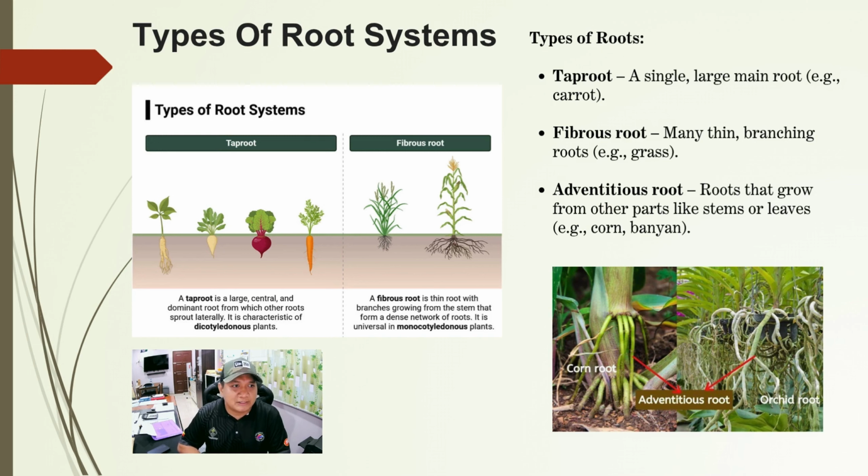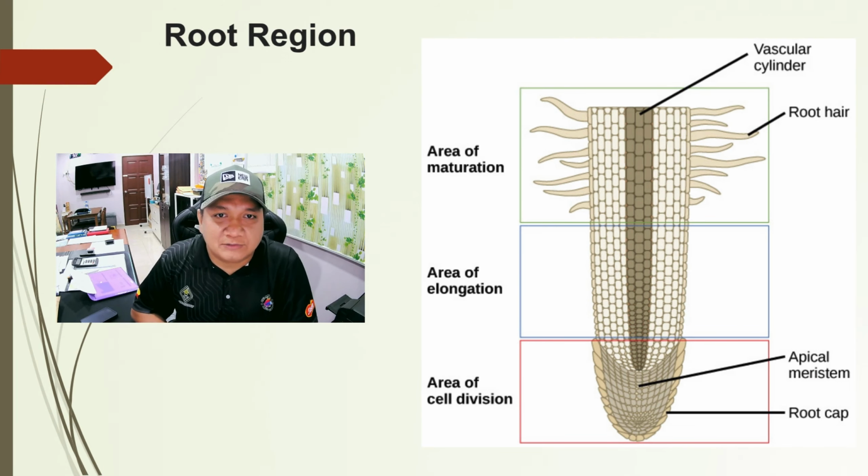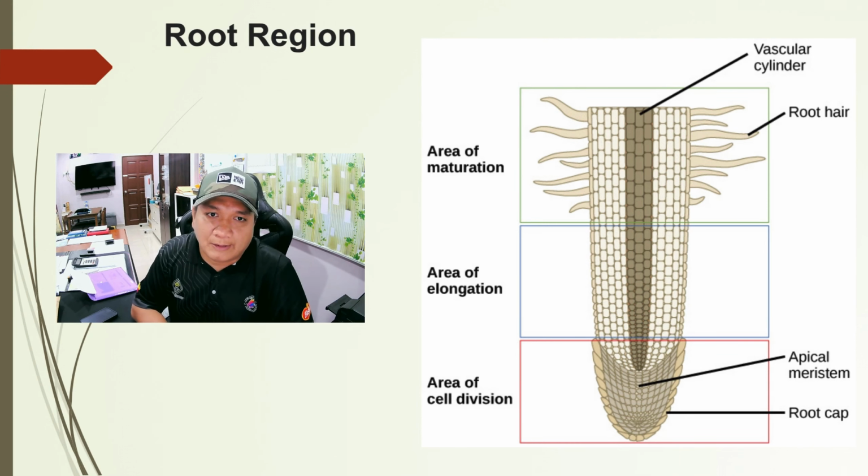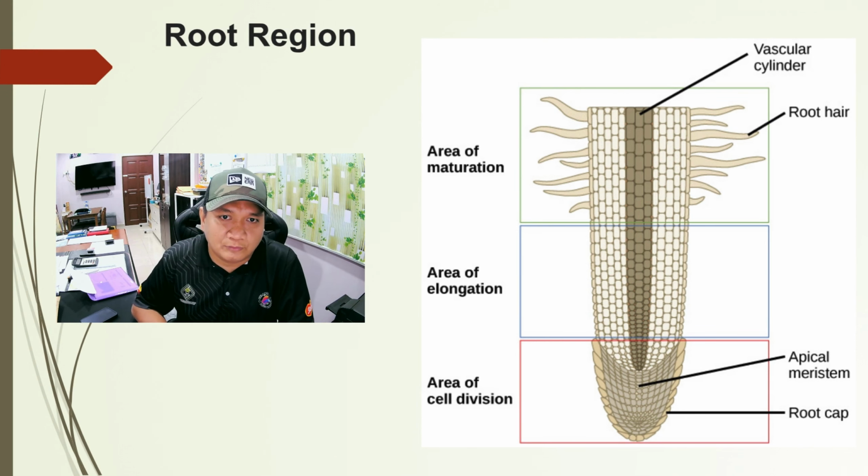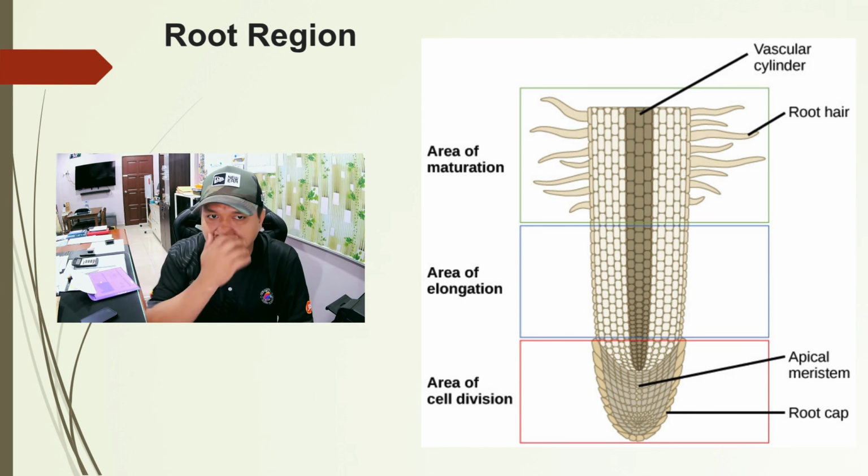Next, these are the root regions. We have five regions of the root. First is the root cap. It protects the tip of the root as it grows through soil. Then the root hair zone, a region with fine extension root hairs. This is the zone that absorbs water and nutrients.